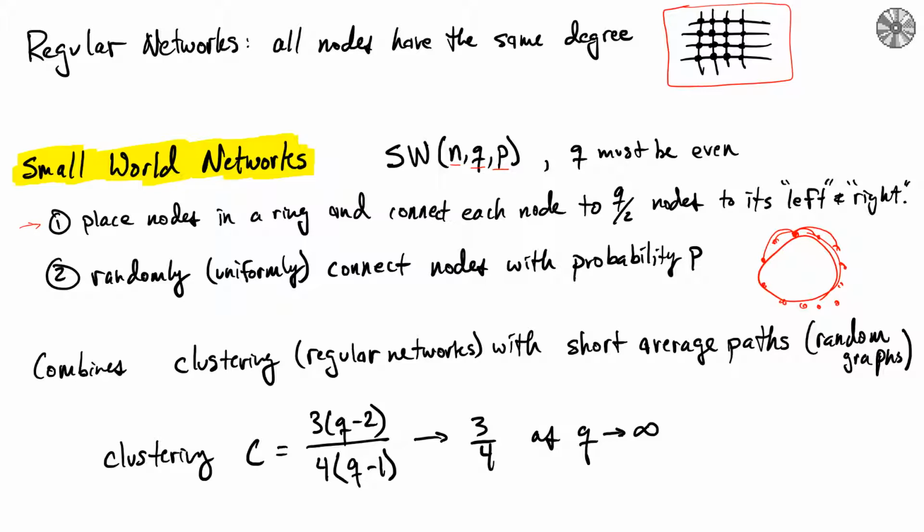And then what we do is we randomly uniformly, so this is exactly like ER, we're going to connect nodes with probability P. So I take all possible pairs and I flip a coin with probability P to see whether or not we create essentially these chords that cut across the circle of the graph.